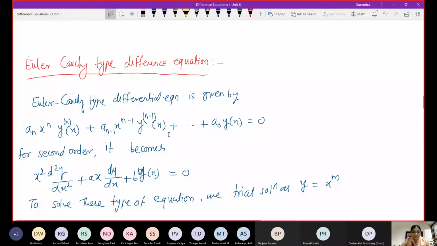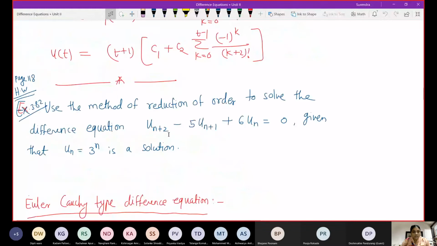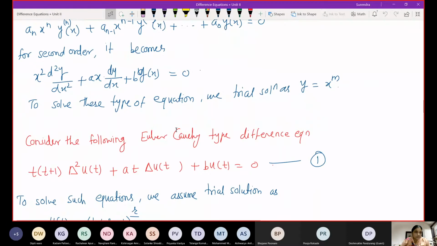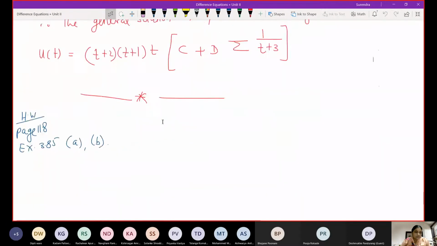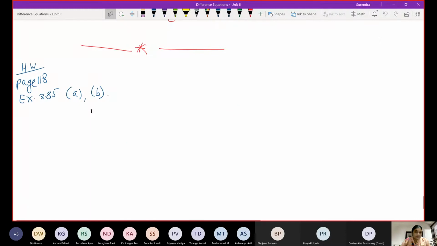So with the help of two methods, we can solve the second order difference equation. Now today we will see another method. So before going to next method, let me know whether you understood this.